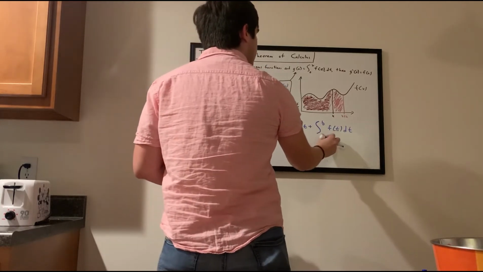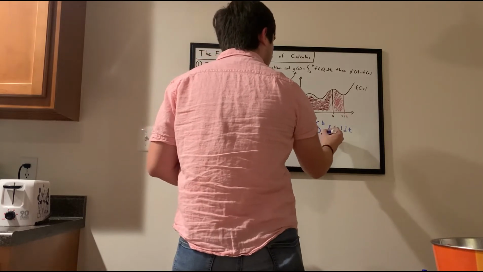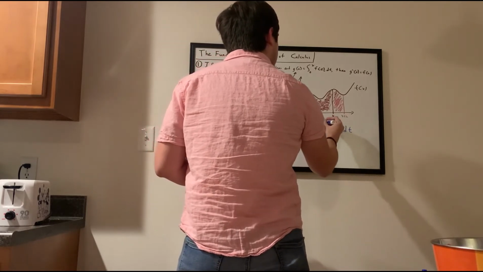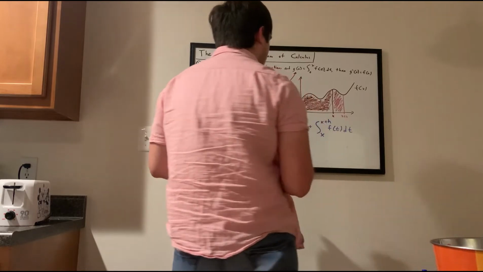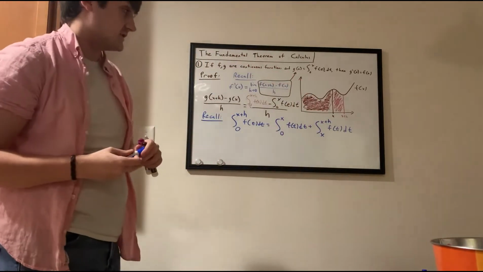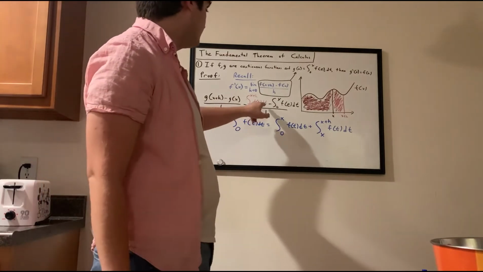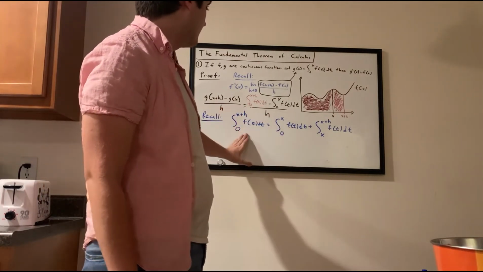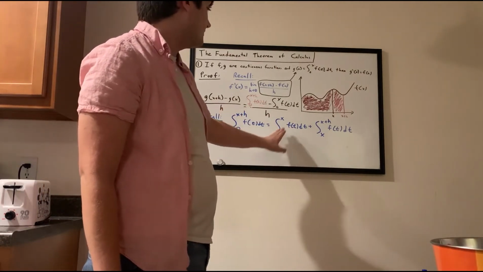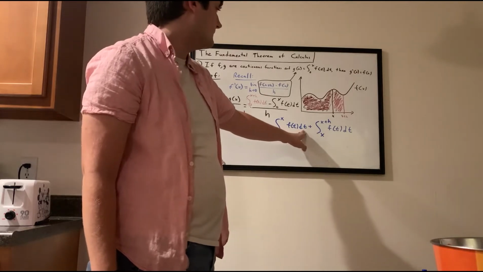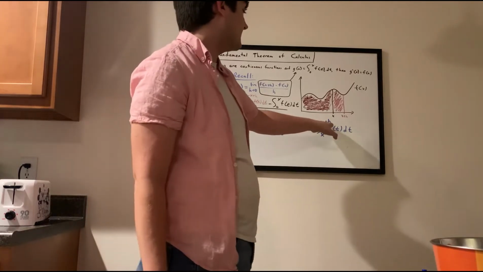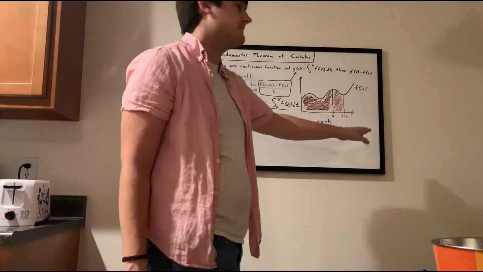So that's the integral of f of t dt plus, and then we're going to have x again to x plus h, okay? So I just rewrote this pinkish purple integral as the integral from 0 to x of f of t dt plus the integral from x to x plus h of f of t dt, right?